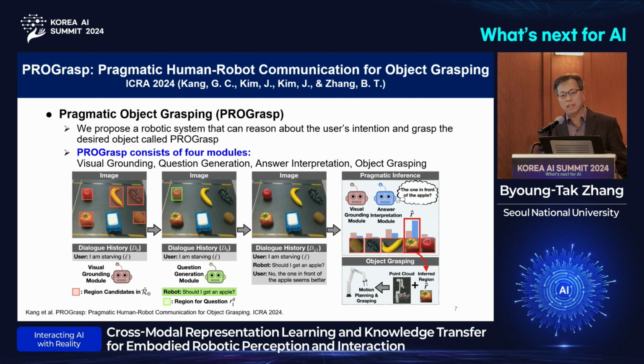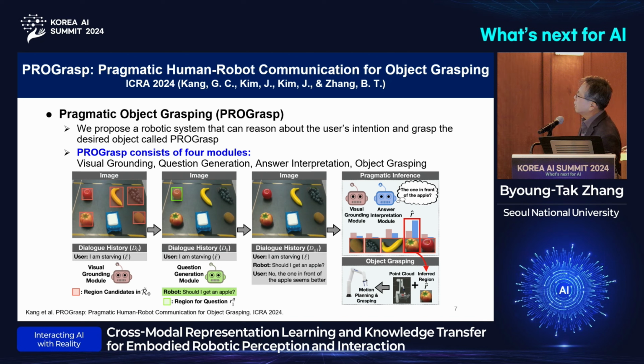We can use many foundation models like vision transformer as pre-trained models now. Then you should generate a question, generate a partial answer, and interpret that. Those are the components.